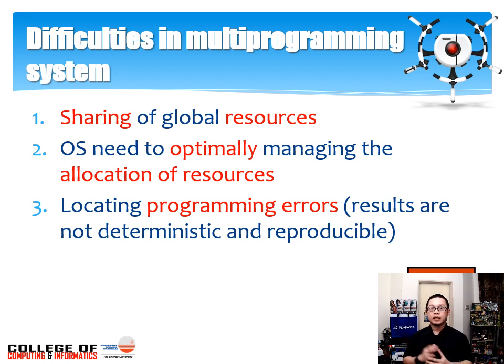Secondly, the OS needs to optimally manage the allocation of resources to the process. Again, it's the issue of limited resources and at the same time we have many programs. So it needs to efficiently use whatever information it has in the OS control table together with the information that the process is sharing so that the allocation of resources can be done very well and very efficiently.